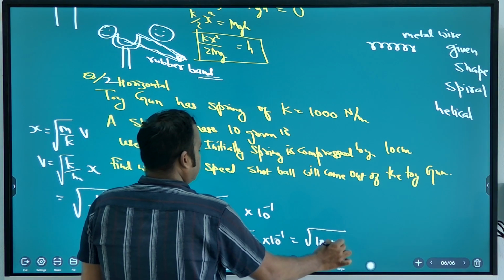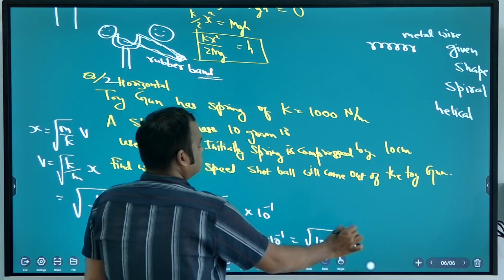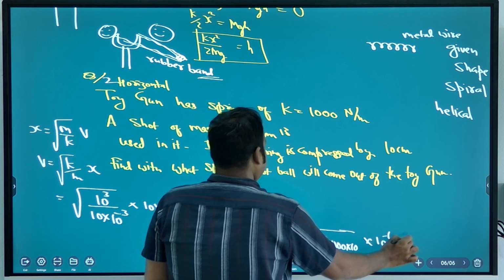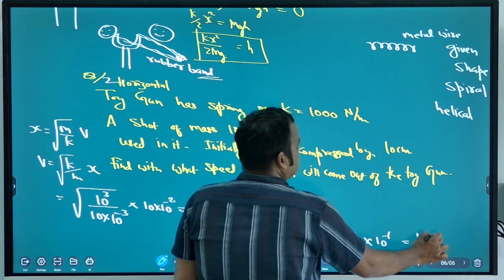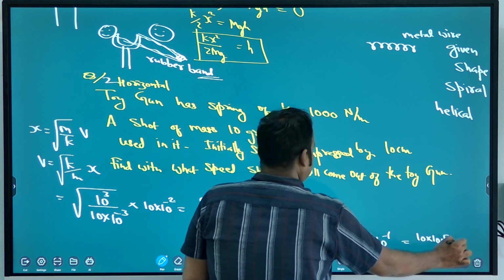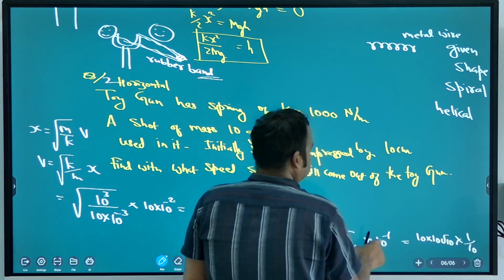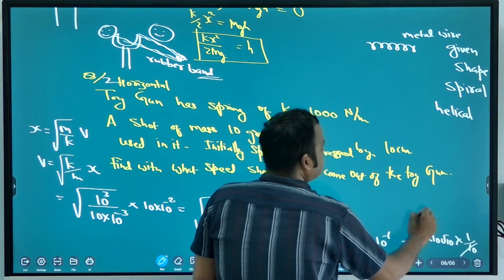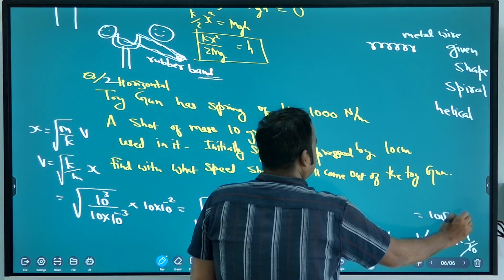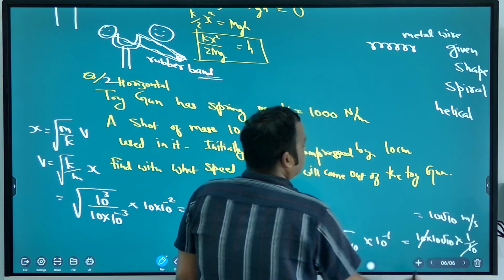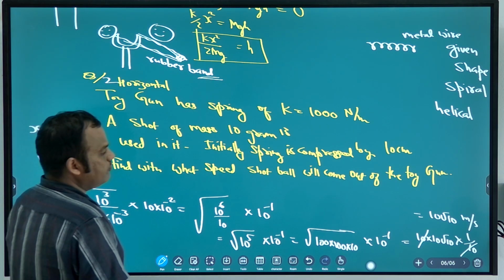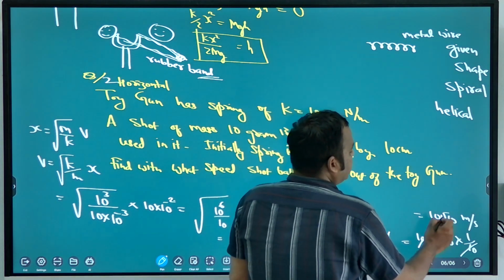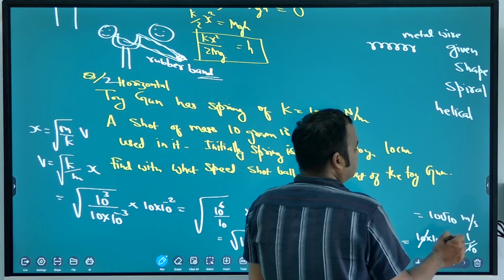So 10 power 5, how will you solve? 100 into 100 into 10 into 10 power minus 1. So the square root of 100 will be 10. So 10 into 10, then square root of 10, then 1 by 10. This is 1 by 10, so 10 cancels. What is the answer? 10 root 10 meter per second. Root 10 is approximately 3 point something.